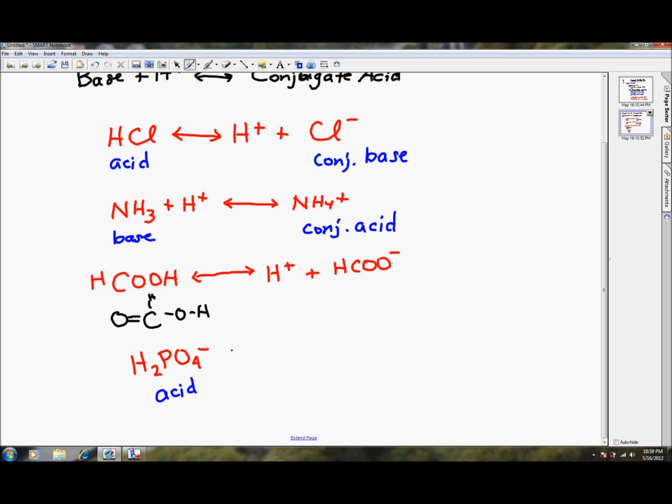If you're told this is an acid, let's ask ourselves, how do we find the conjugate base of H2PO4 minus? We know it's going to make H plus. So we're going to remove one of the H's. So instead of H2PO4, it's going to be HPO4. We're removing one positive charge. It's already -1. We're going to take away a positive charge, so we're going to make it -2. So this is the conjugate base.